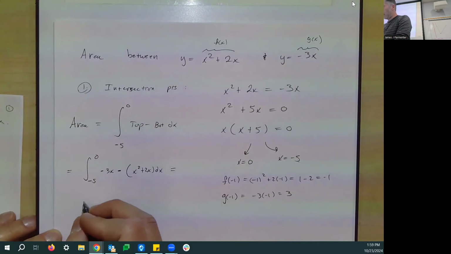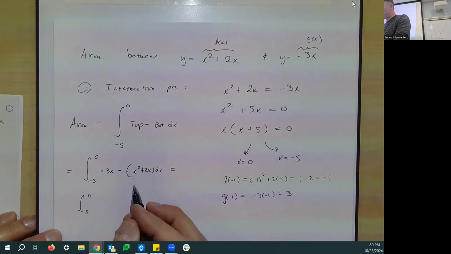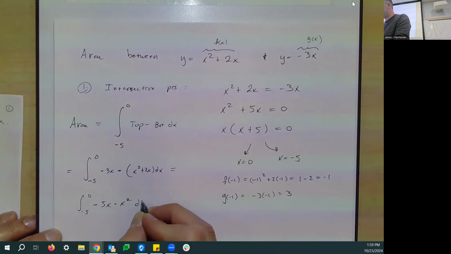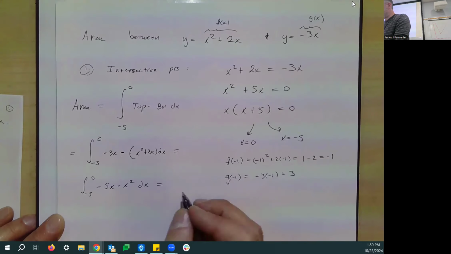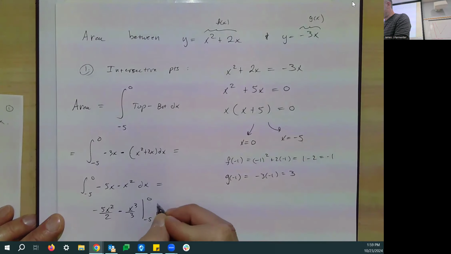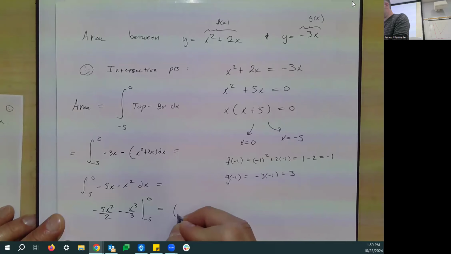Finishing this off, we should simplify the integrand. -3x minus x squared minus 2x is going to be -5x minus x squared. Anti-differentiate, you get -5x squared over 2 minus x cubed over 3. From -5 to 0, you plug in 0 and you get 0 minus 0.